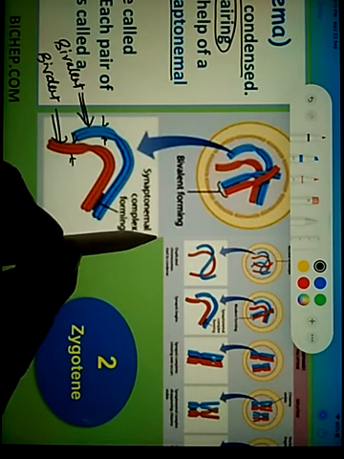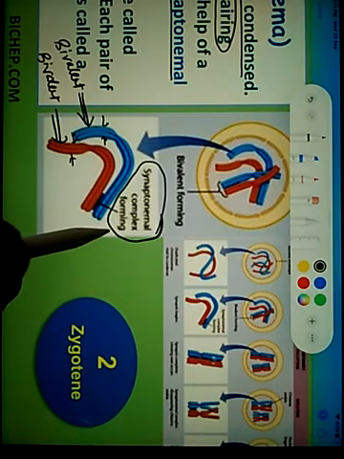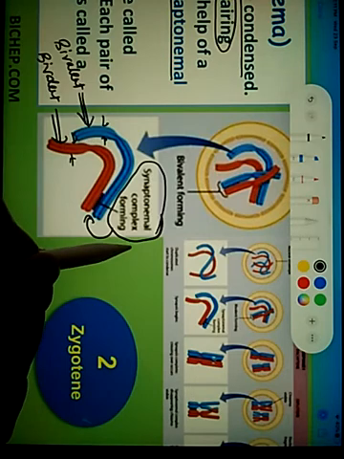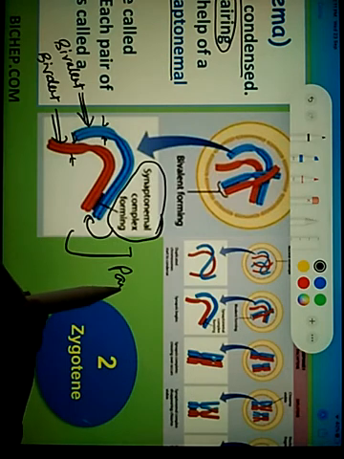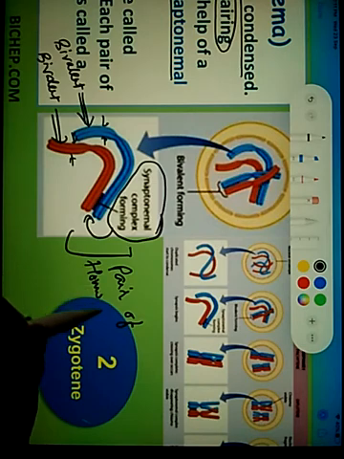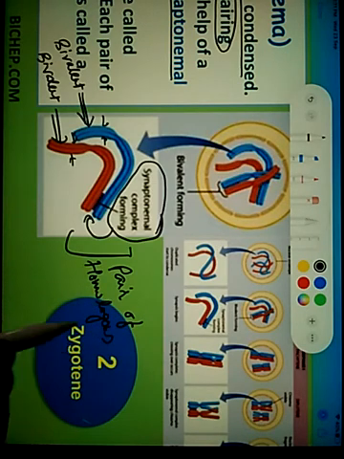Ready? So each synaptonemal complex joins these two homologous chromosomes, and after joining it is called a pair of homologous chromosomes.